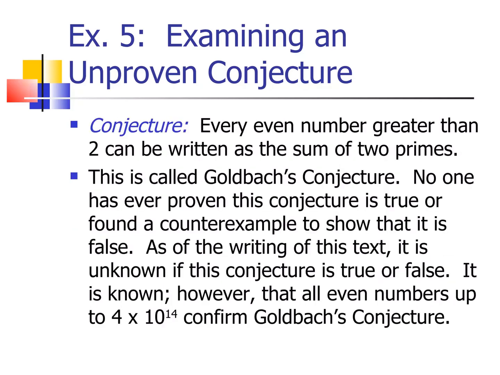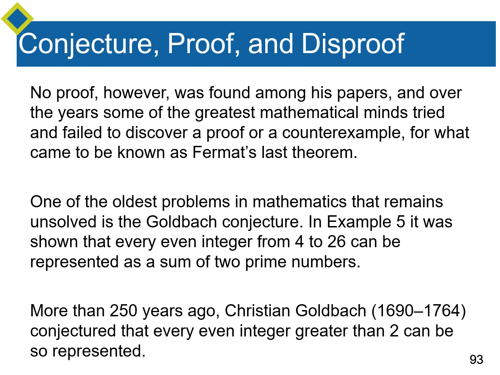So no one has ever proved this conjecture is true or found a counterexample to show that it is false. This is an example of an unproven conjecture. Okay, this is about conjecture, proof and disproof.